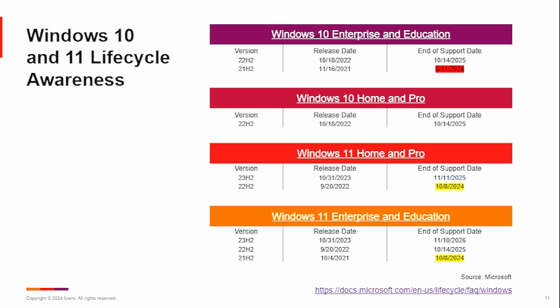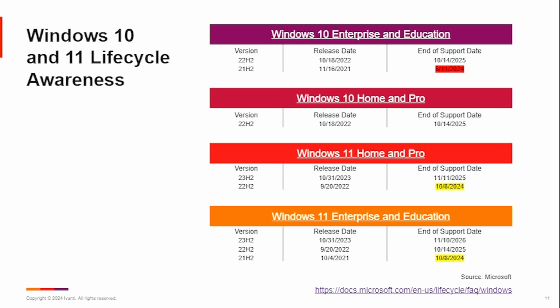Looking out further, we've got a few months until the next lifecycle events. So Windows 11 Home and Pro, you could see the 22H2 coming up on 10.8, and then Windows 11 Enterprise and Education, same for 21H2 there. So 22H2 on the Home and Pro, 21H2 for the Enterprise and EDU Windows 11 editions.